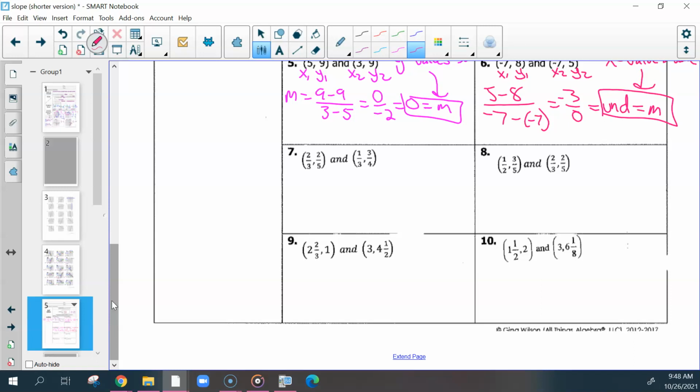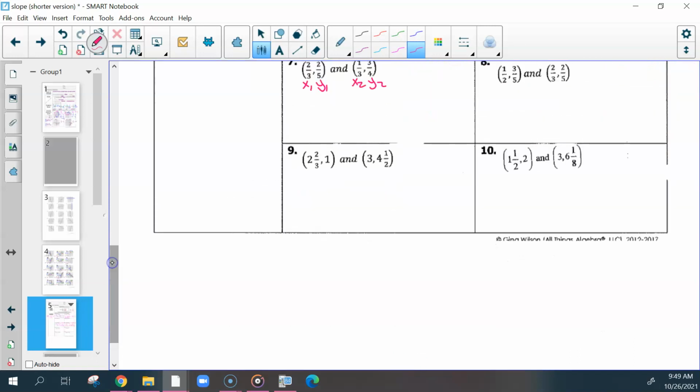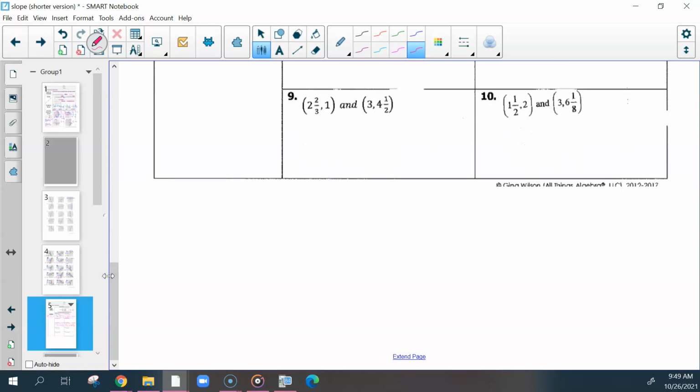So for number 7, the process starts off the same way. But because we're dealing with fractions, we're going to have fractions within fractions, which in math is not nice, but it'll eventually simplify. I'm going to rewrite this on here so I have space as well.